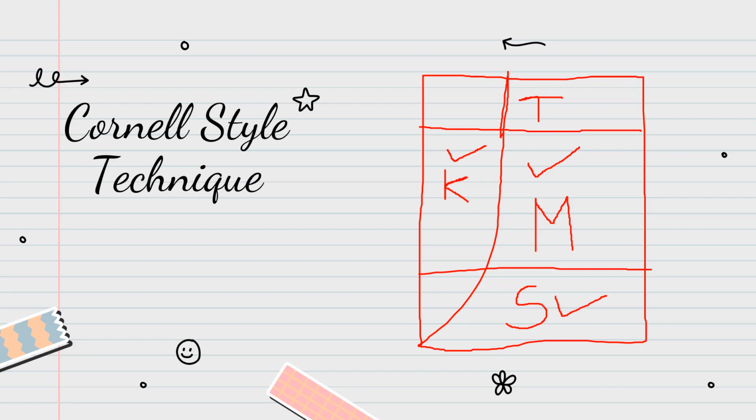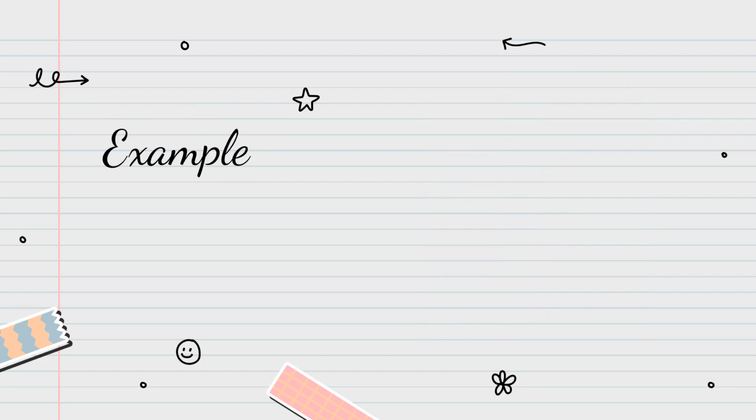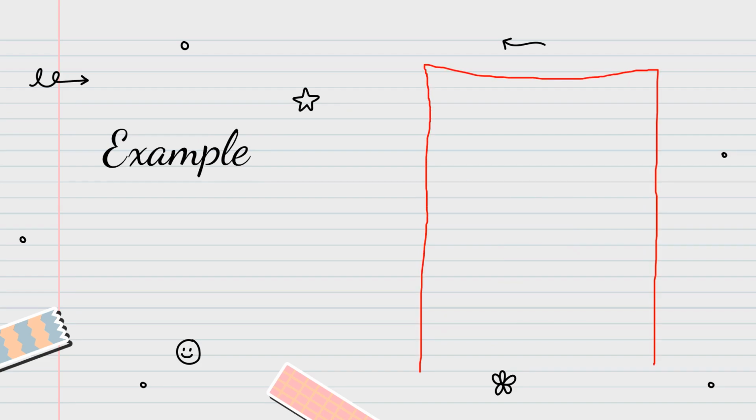So now let's move on, and I'll show you the example, so that you could relate to it more easily. Here I'm going to draw a page one more time. This is my page, and I'm going to divide this page into 4 parts like earlier. This is my first part, which is the title part.